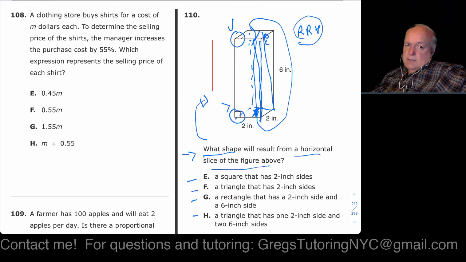If you take a horizontal slice, imagine a knife, right? We're going to cut it through here so that it goes straight through, all right? At that point, if this was a right rectangular prism, we're going to have basically a top piece if we cut it off that way, and then a bottom piece underneath it.